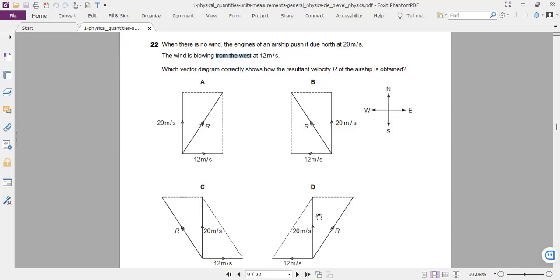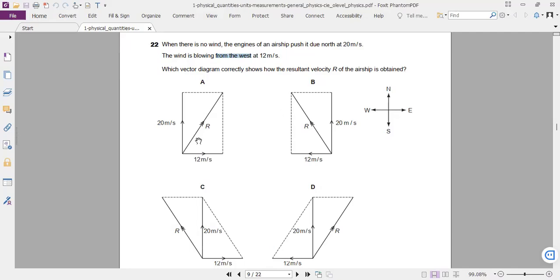You cannot have B and D. Now, in order to find the resultant of two vectors, you must draw a parallelogram or a rectangle, and the diagonal that starts from the joining of the two tails should give you the resultant. This resultant is joining from the tails, but it is not the diagonal. This is not the diagonal.